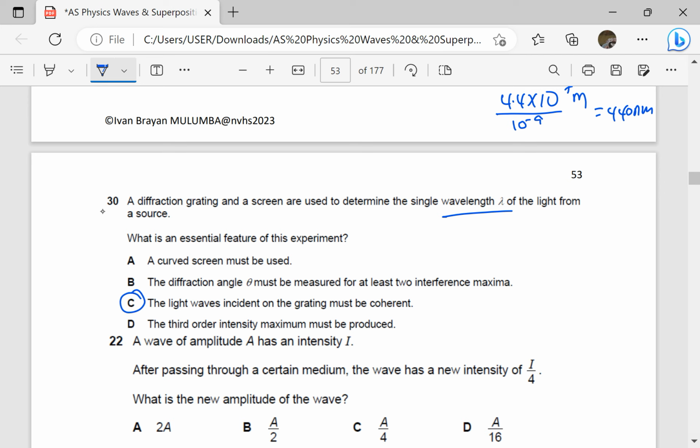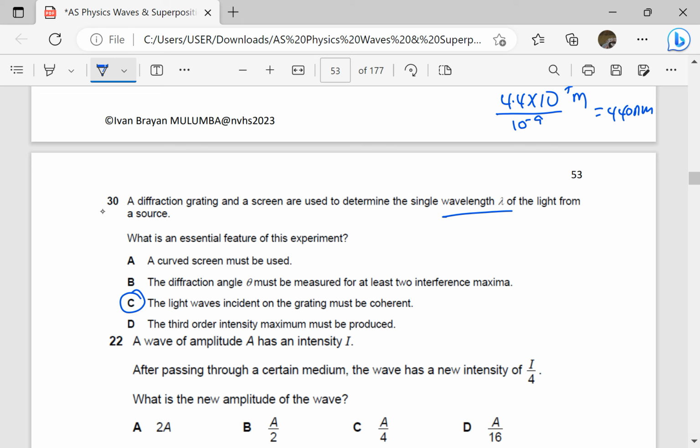Because if the light is not coherent, then it would be hard to determine a single wavelength. If it is, for example, white light, then it will form a continuous spectrum, continuous patterns of spectra on the screen. Since we want to determine the single wavelength lambda, we need light waves incident on the grating that are coherent.